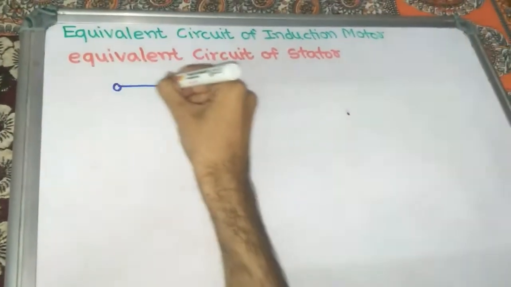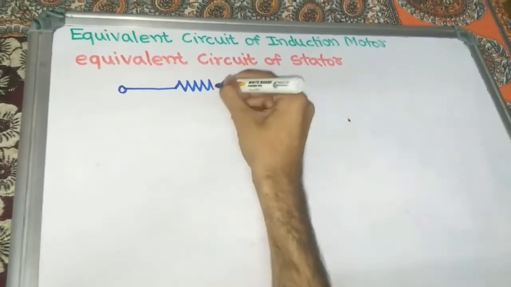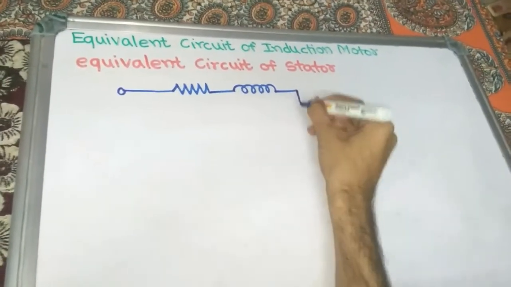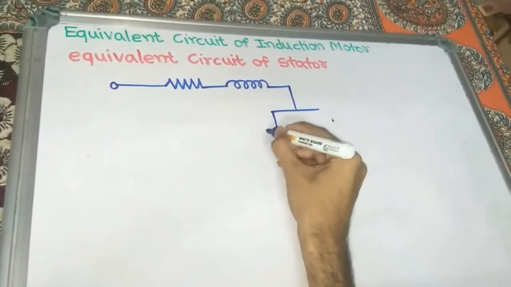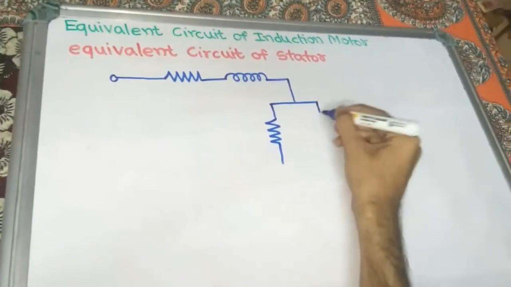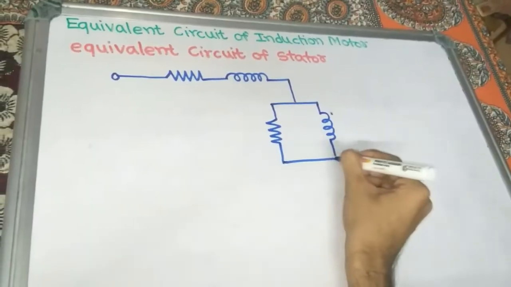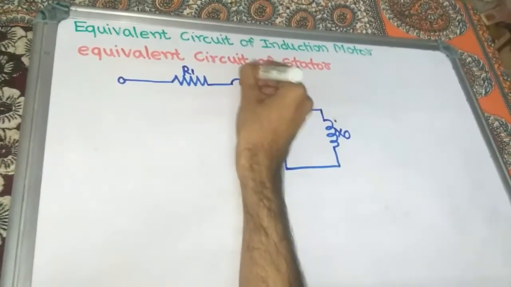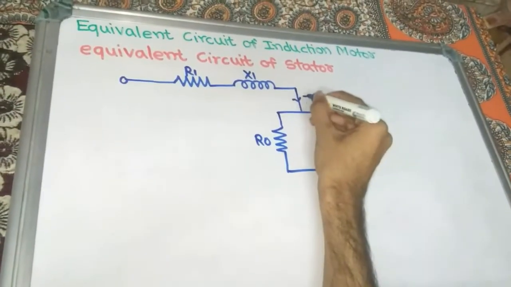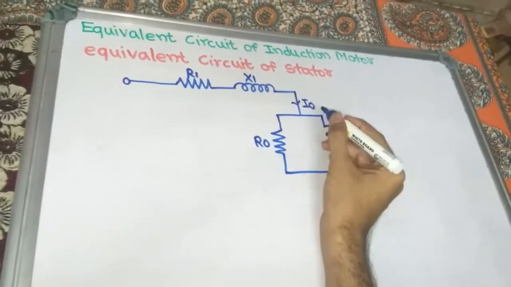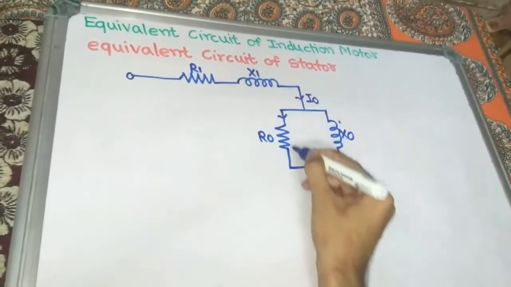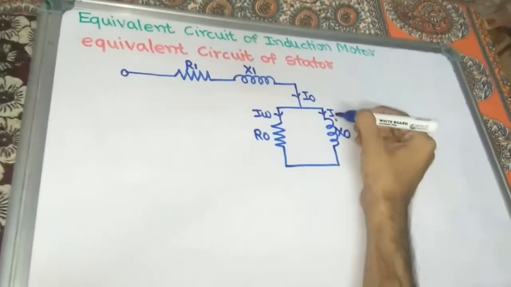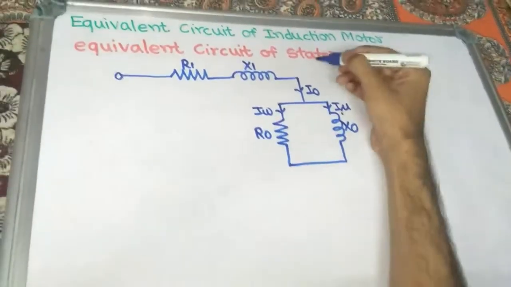See here, resistance R1, leakage reactance X1, and this is the shunt branch which we have seen in the transformer, R0, X0. The current flowing through this shunt branch is I0. Current flowing through R0 is Iw, and current flowing through X0 is I mu.